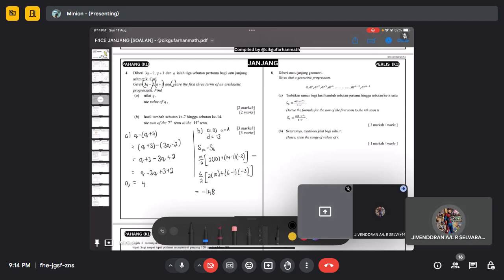So next question. Question number 8. Given a geometric progression ar squared, ar cubed, ar to the power of 4, and continuing with ar to the power of n minus 2 and ar to the power of n minus 1.